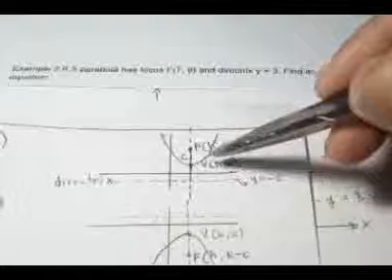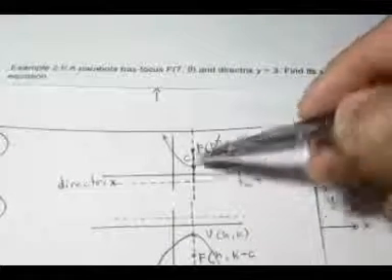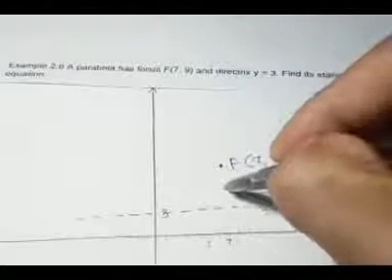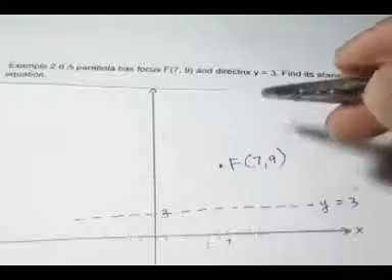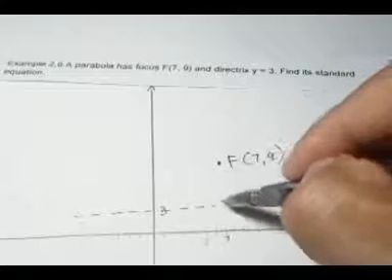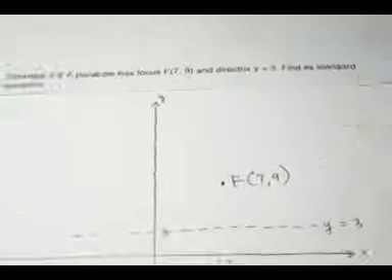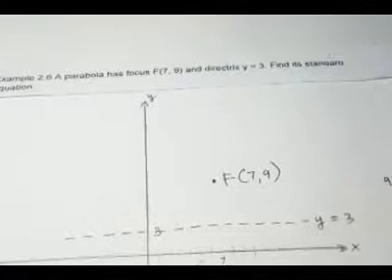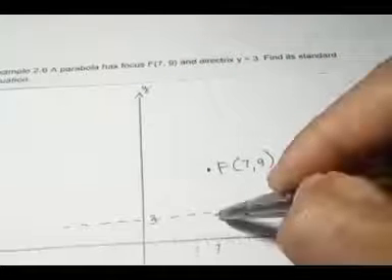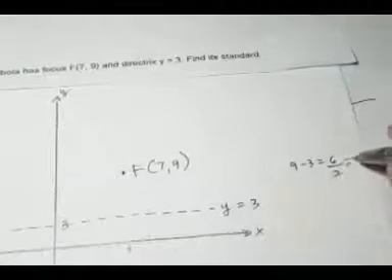Looking at our graph, the focus and the directrix are equidistant from the vertex. So our vertex is somewhere at this point. What is the coordinate of this point? So this is 9 minus 3, which is 6. This distance is 6. 6 divided by 2 is 3.